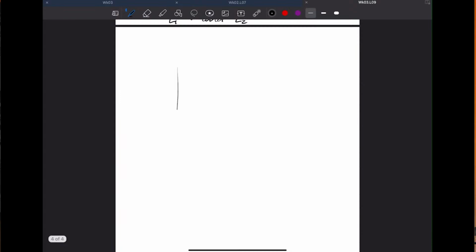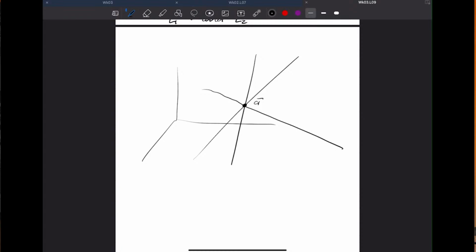Just to illustrate what is going on, we have, for example, a line like that and a line like that. These two lines intersect in a single point, and that will be A, and we're looking for the line that goes through that point, which is perpendicular to both of these two lines.